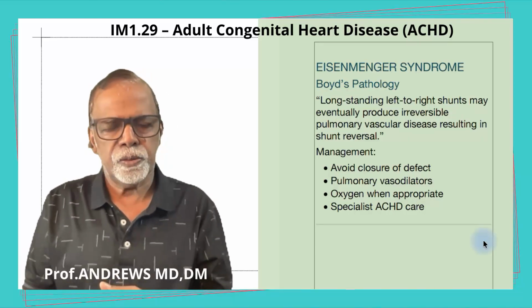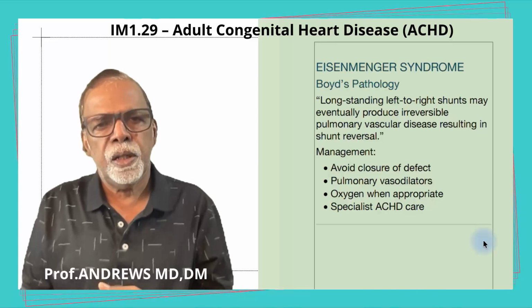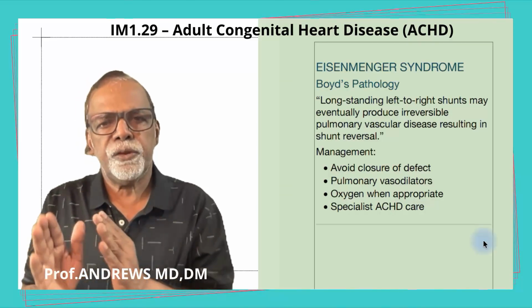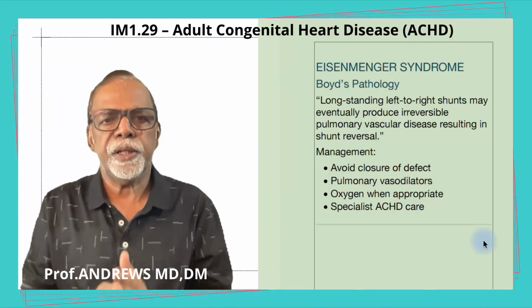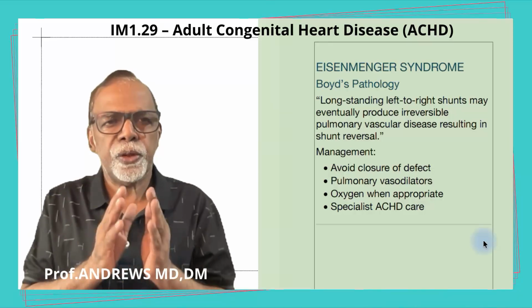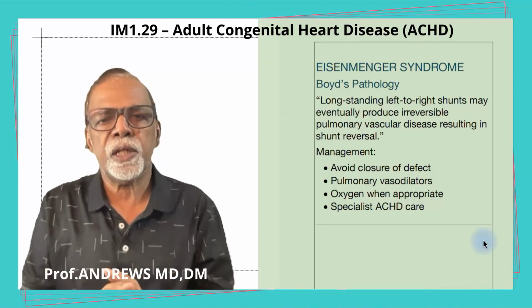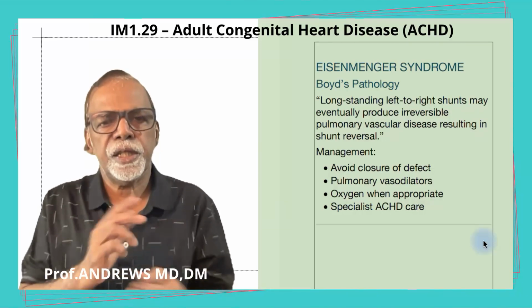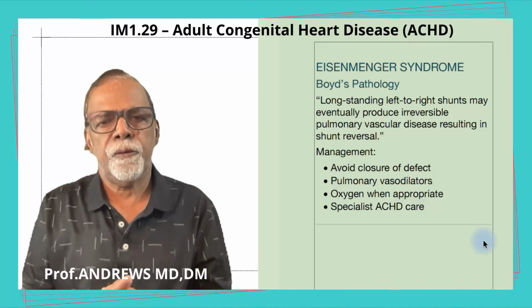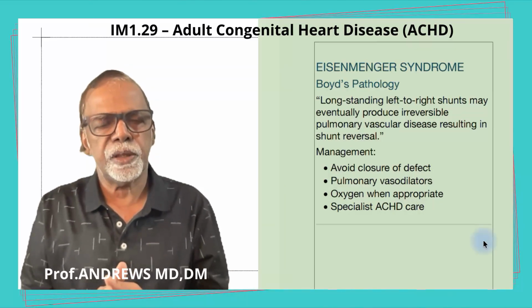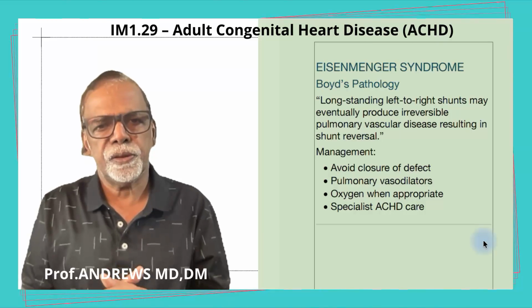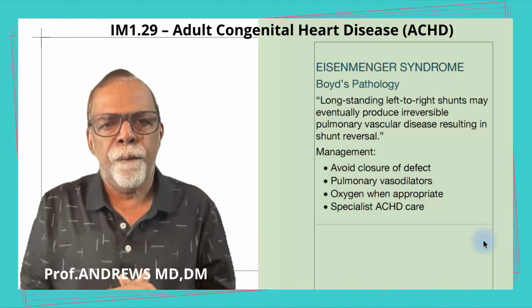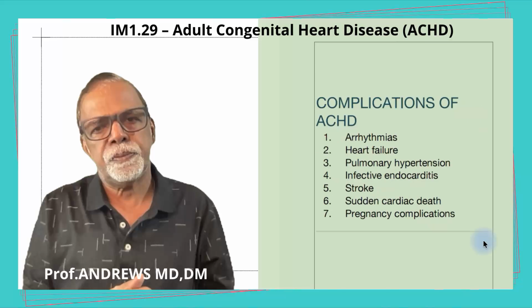Eisenmenger syndrome, you should always remember. Long-standing left to right shunt, that is ASD, VSD, PDA, eventually produces irreversible pulmonary vascular disease, resulting in shunt reversal. That is the Eisenmenger syndrome. VSD developing Eisenmenger is Eisenmenger's disease. Management: avoid closure of the defect.